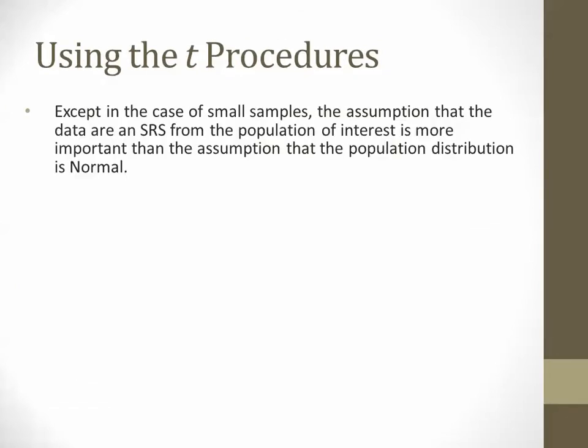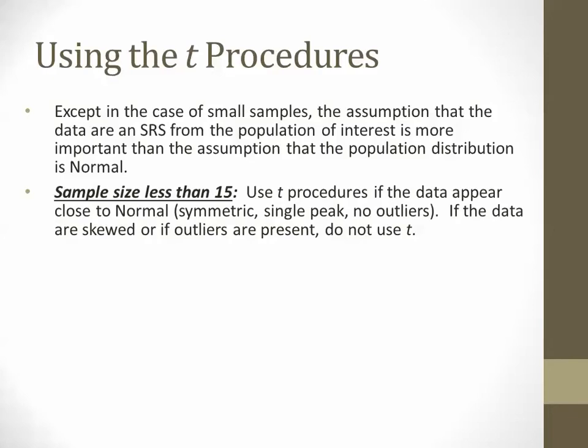So here are the criteria that you're not supposed to violate. Data from a simple random sample. That is the most important thing. Simple random sample. More important than the assumption that it's normal. If you have a sample size that's less than 15, you can use the t procedures if data appear close to normal.